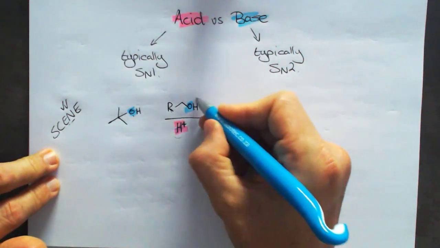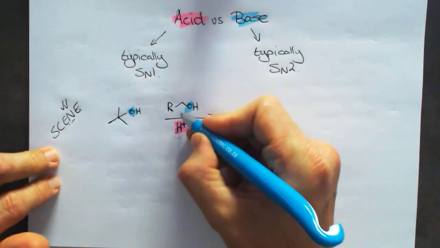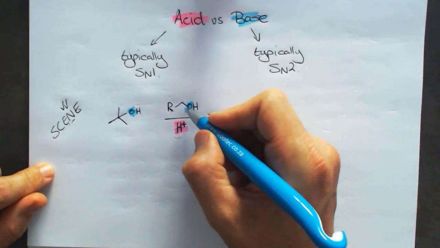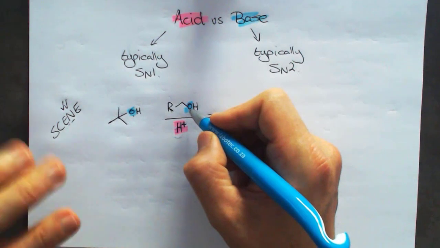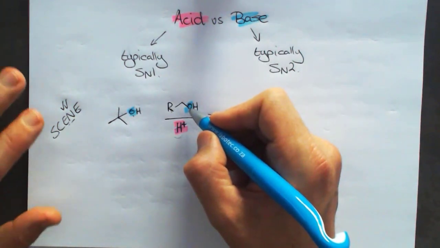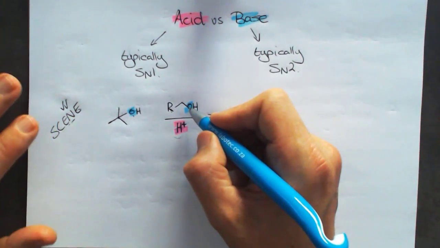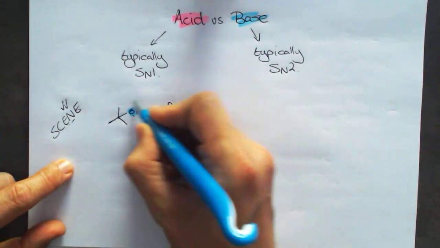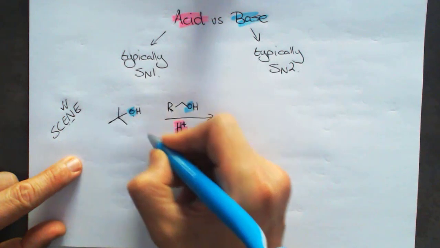If the primary alcohol over here is changed into a good leaving group, we're going to get a primary carbocation, and that is absolutely terrible. It's not going to happen. It will not happen.